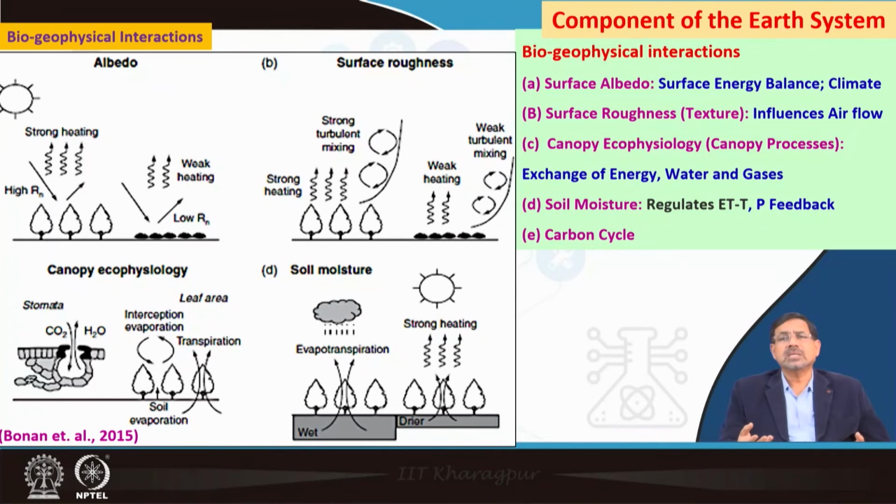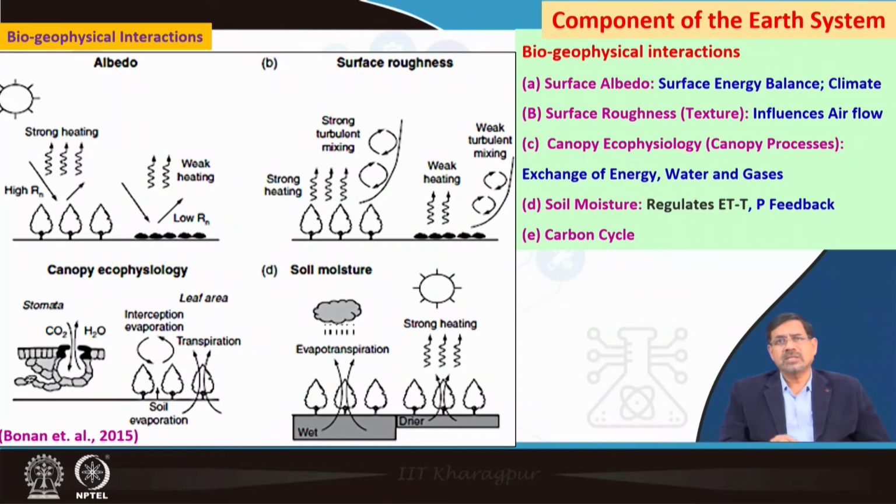It influences the flow. The third one, the most important thing, is the canopy processes. The exchange by the vegetation, the plant leaf, in terms of energy, water, and gases through the process of photosynthesis and transpiration, happens at the canopy level through the pores called stomata.